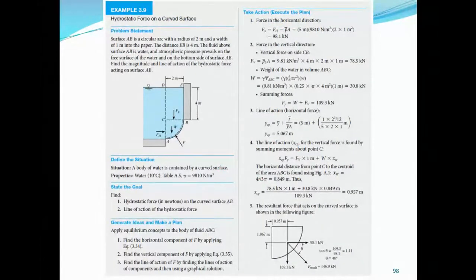Now, in this example, we have a surface. Surface AB is a circular arc with a radius of 2 meters and a width of 1 meter into the paper. So in actual sense, it looks something like this.